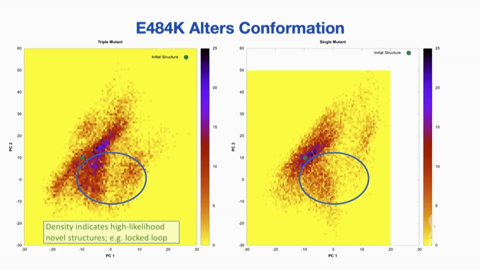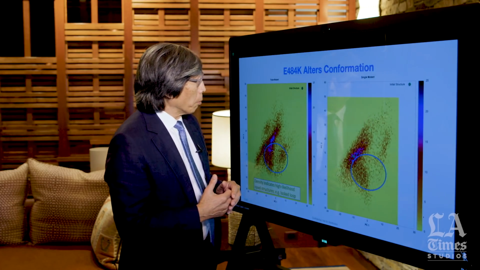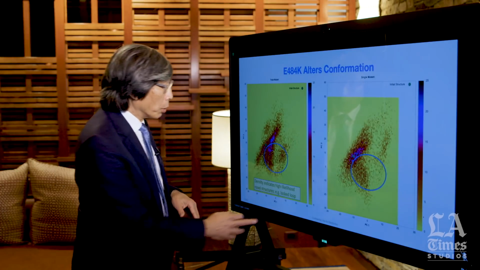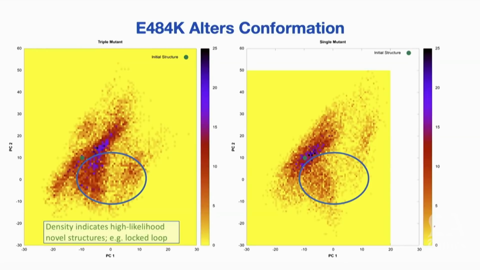So on the right-hand side, you see what happens when you have just a single mutant, which is basically the UK mutant, called the 501Y. There's some shape alteration, but when you actually have a triple mutant, if you look at these red dots inside this blue circle, you will see every deep red dot represents a locked position between ACE and RBD.